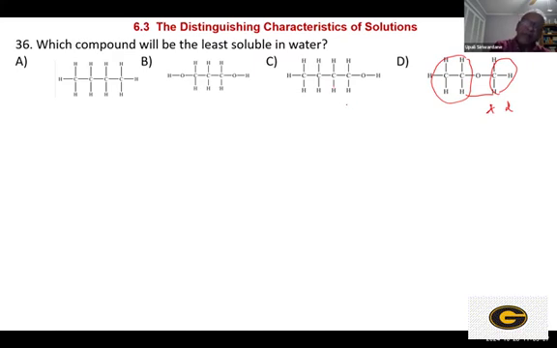This is hydrogen bonding, one hydrogen bond, OH. This has two hydrogen bonds. More soluble is this. Water has hydrogen bonding. Therefore, this with two hydrogen bonding is the more soluble.